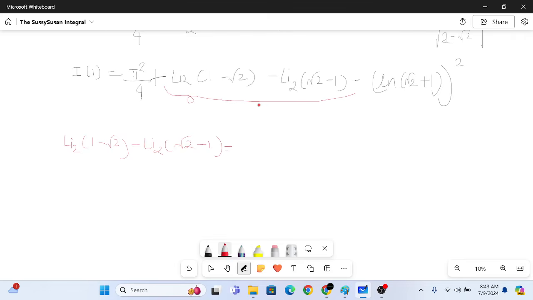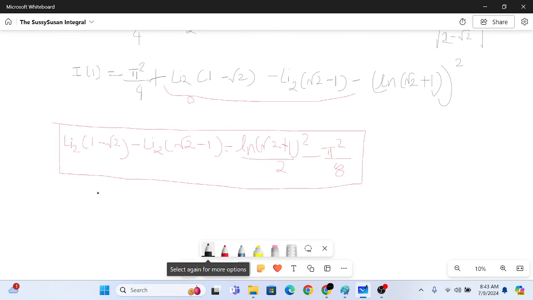Okay, so its value nicely evaluates to ln of root 2 plus 1 squared by 2 minus pi squared by 8. And now if we are able to find its value, then the integral will be solved. The integral will be completely solved if we find its value, and I'll also show you how we find that.